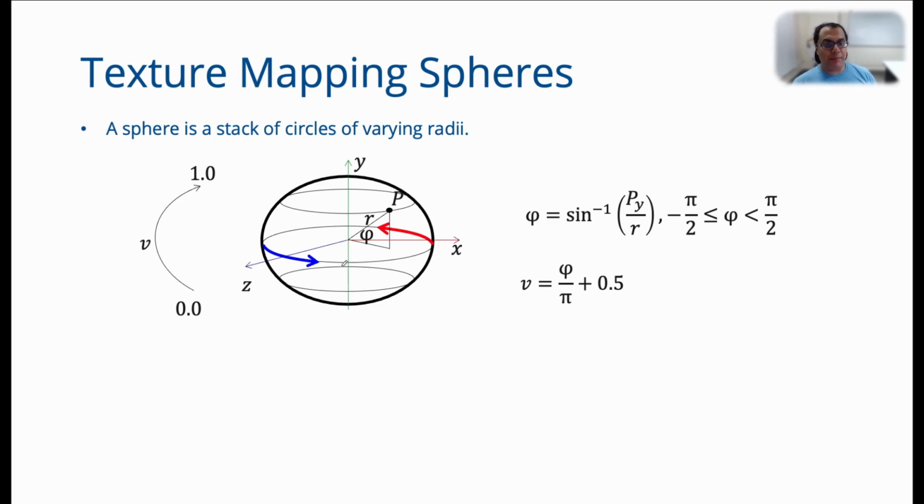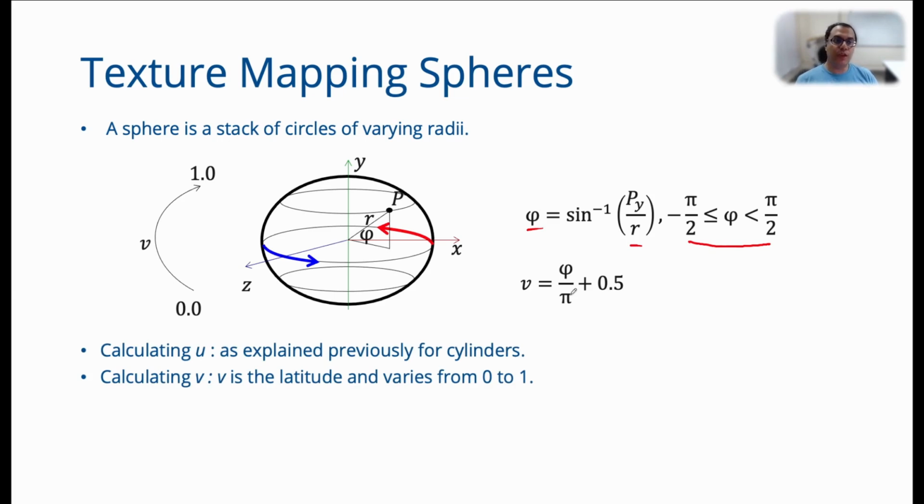For the phi mapping, you compute phi as sine inverse of Py by R. And then the phi values that you can get are from minus pi by 2 to pi by 2, and therefore V can be computed as phi by pi plus 0.5. So here U gives you the value of longitude in some sense, and V gives you the latitude.